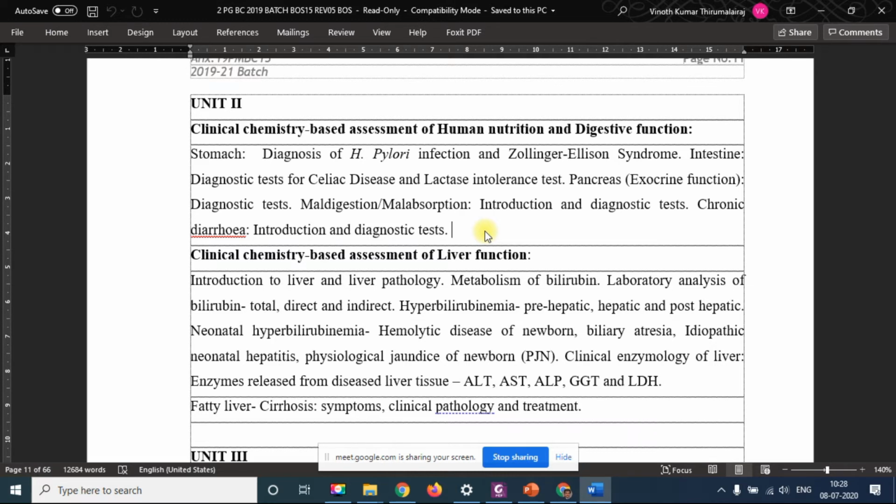Usually H. pylori is not a normal flora of the stomach, and if you do not have a hygienic food intake system, for example, if you are commonly taking food from outside, from hotels, or unhygienic conditions, and taking contaminated food and water, all these are possibilities to get H. pylori infection. If you are taking the food outside, automatically you will get a lot of complications.